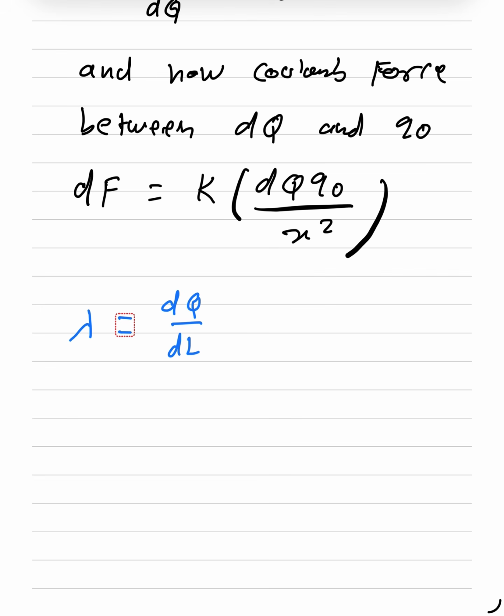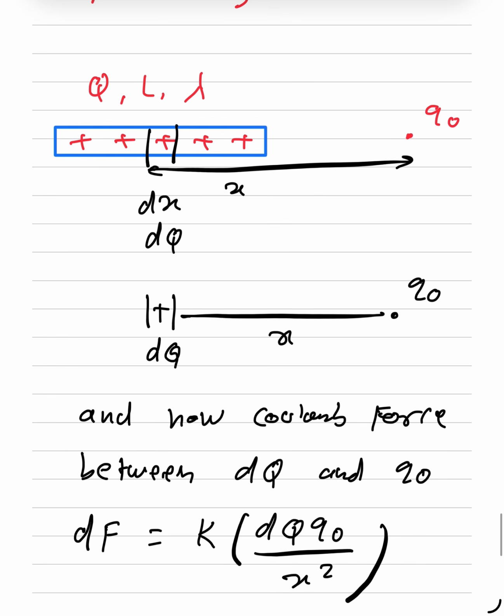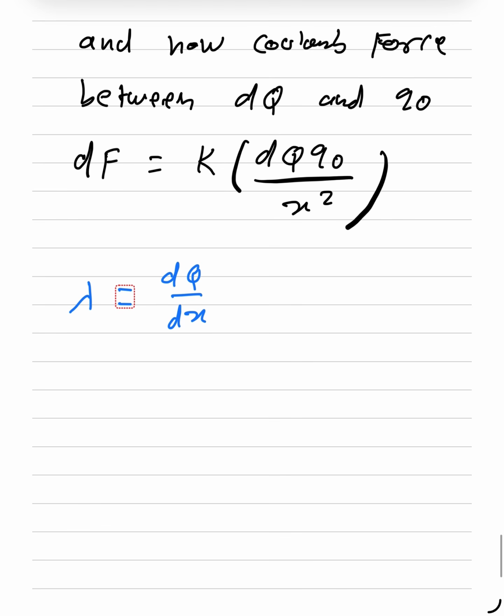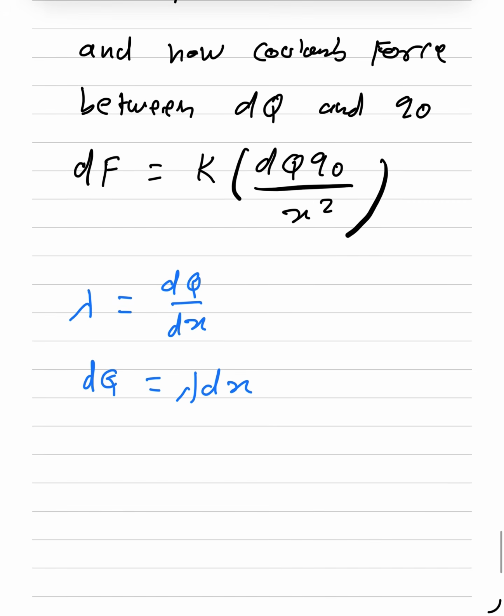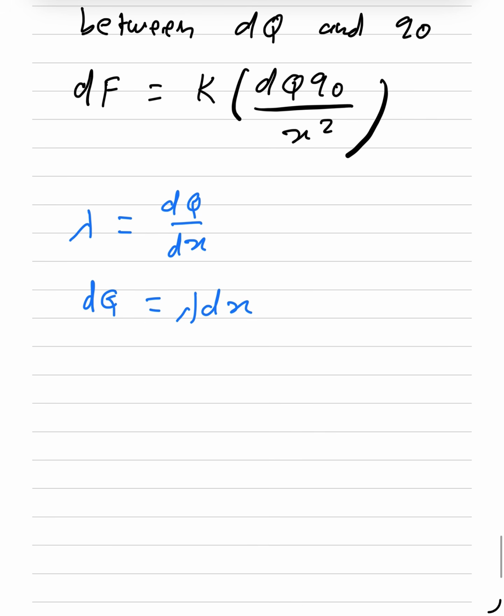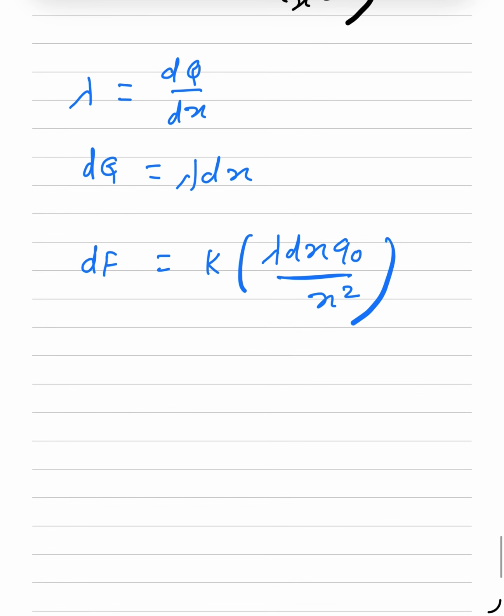Here dl equals dx, so dq equals lambda times dx. Putting this value here, the new value of the Coulomb force is dF equals k lambda dx times q naught divided by x squared, right.